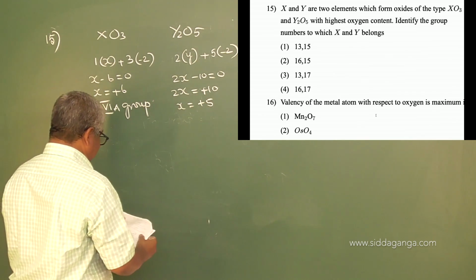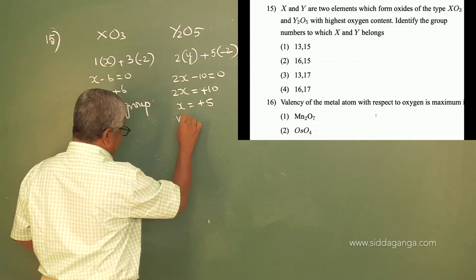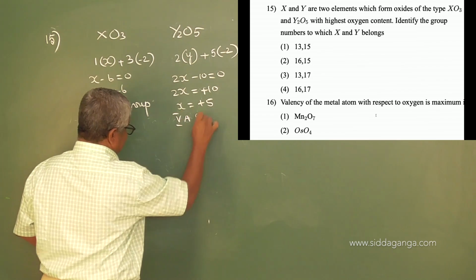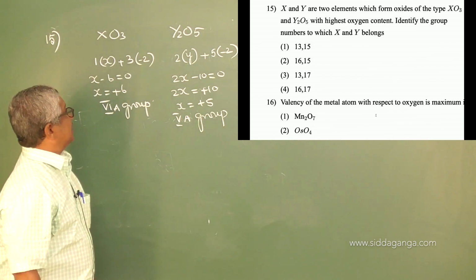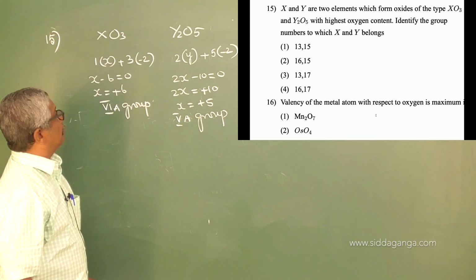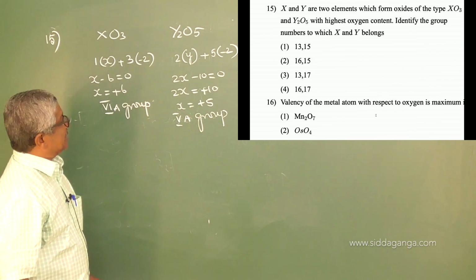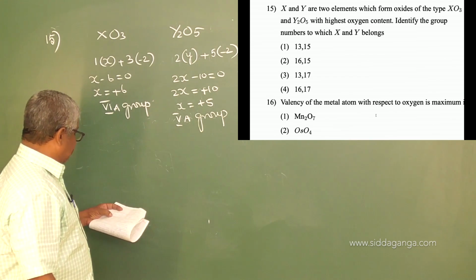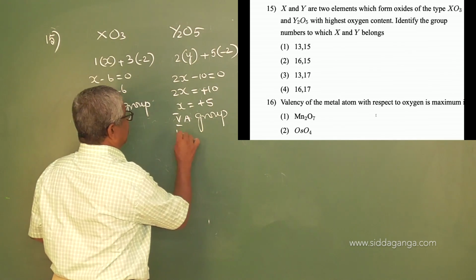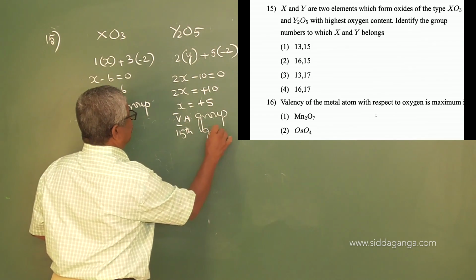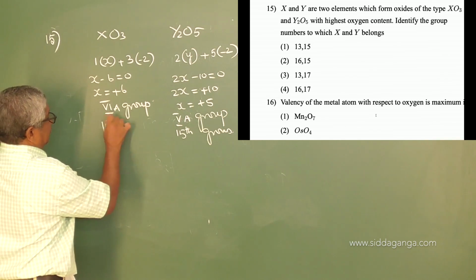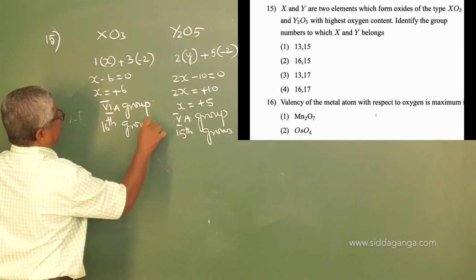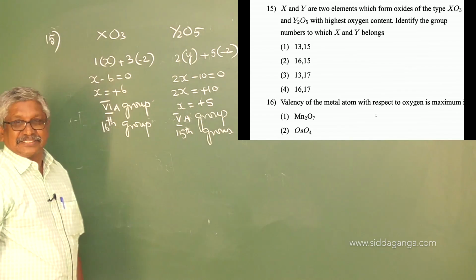So the other one is coming in the 5th A group. So XO3 is available in 6th A group, Y2O5 is available in 5th A group, also called the 15th group, and this will be the 16th group. You can calculate like this.